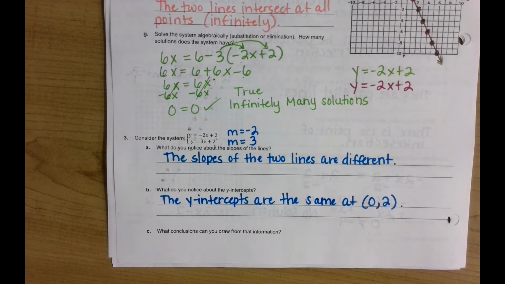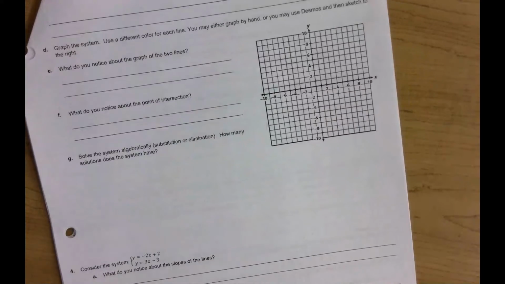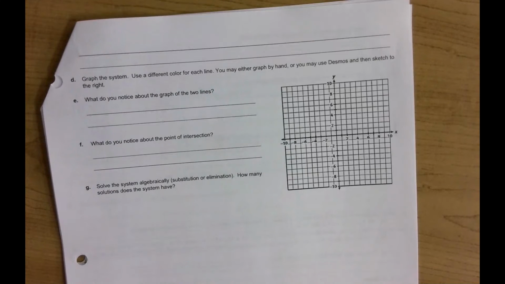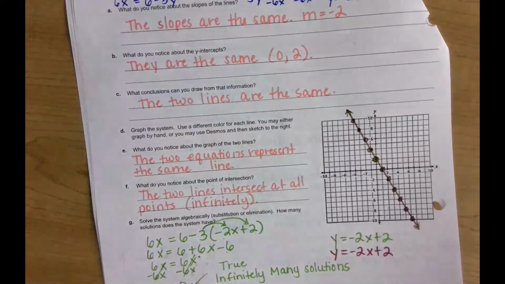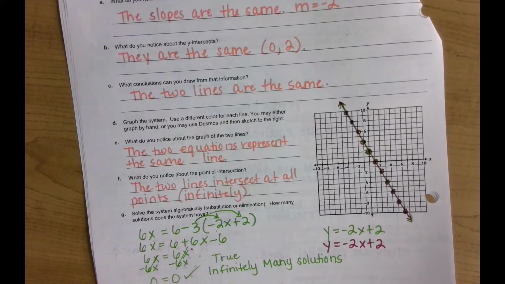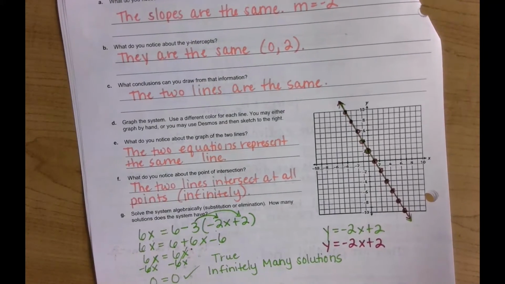All right, what conclusions can you draw from that information? Well, going back to what we talked about in the previous lessons, if they have different slopes, but the same y-intercept, I know that these lines will probably intersect at one point.